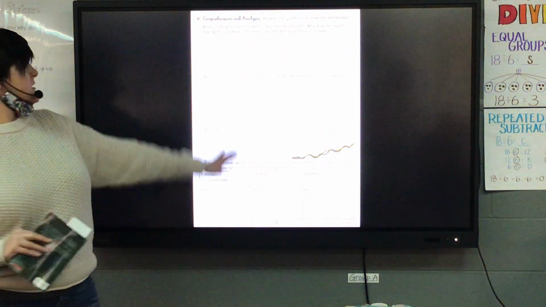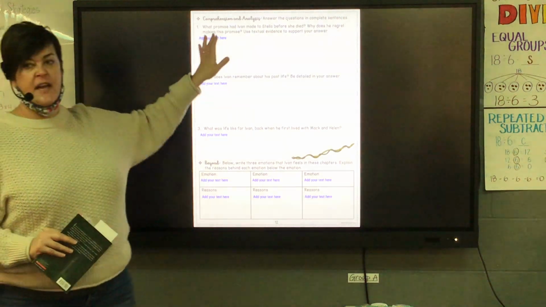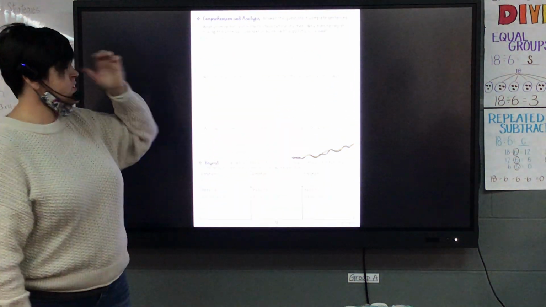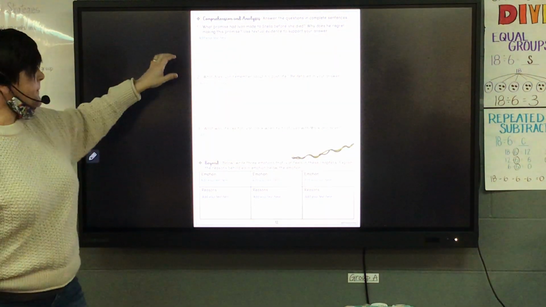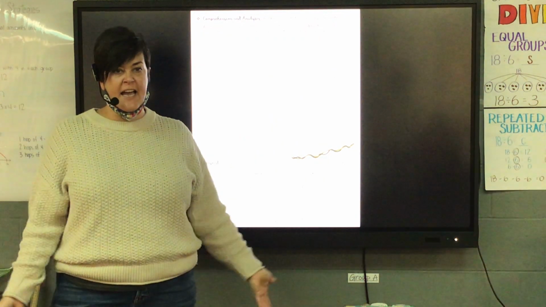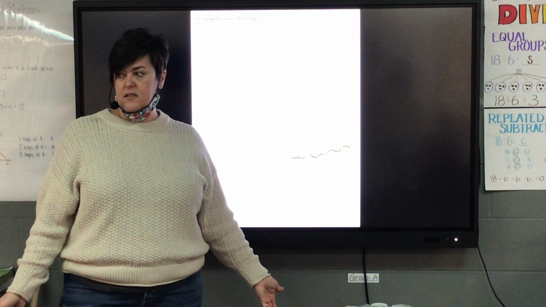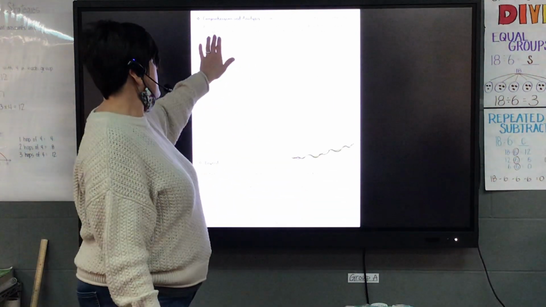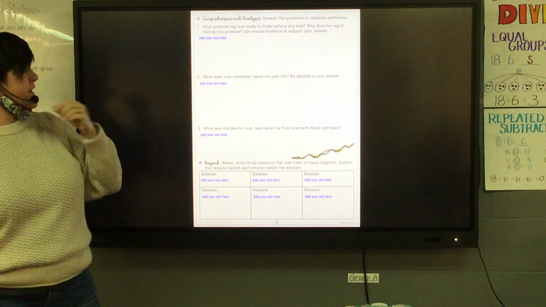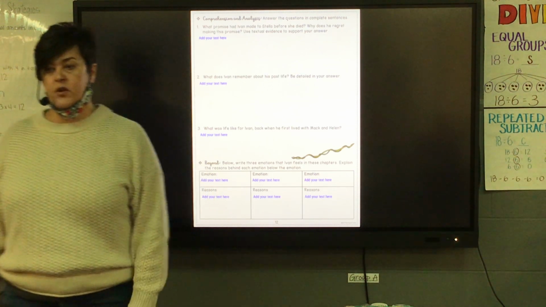Okay. Let's look at question 1 here. Could we go ahead and answer this? Let's put our bookmarks in there. Could we go ahead and answer 1? What promise had Ivan made to Stella before she died? Do you remember what it was? Yes. Go ahead and type your answer in there for that first question.